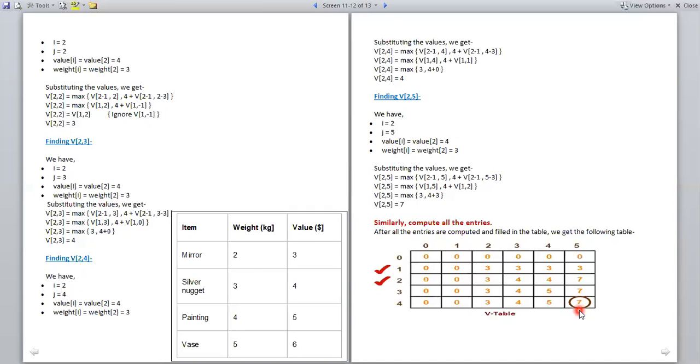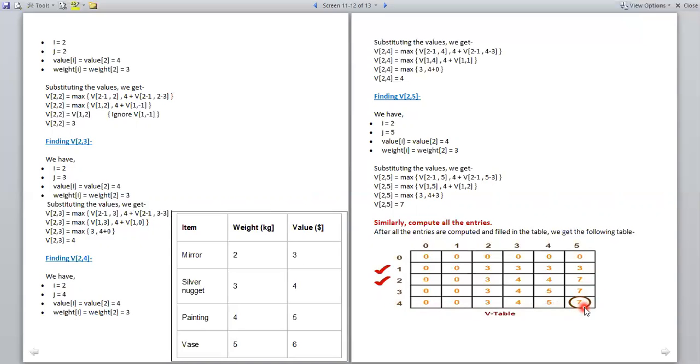For the given question, based on the given items and their corresponding weights and values, we calculate and find out the maximum profit is 7. Now we have to find out which items we select to get the maximum profit. You can see 7 is in the fourth row and the fifth column.